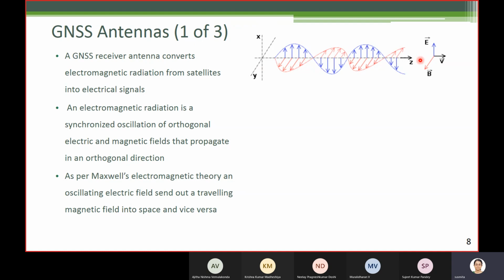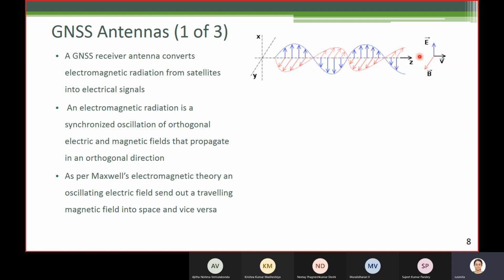In this context, note that in case of GNSS, we have right-handed circular polarization. So if someone can see the electromagnetic radiation at the receiver level, he or she would find that it is right-handed circularly polarized.